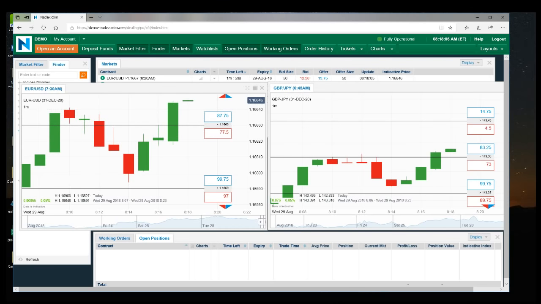And there's still 2 minutes remaining on the 5-minute bar on both the euro and the British pound.